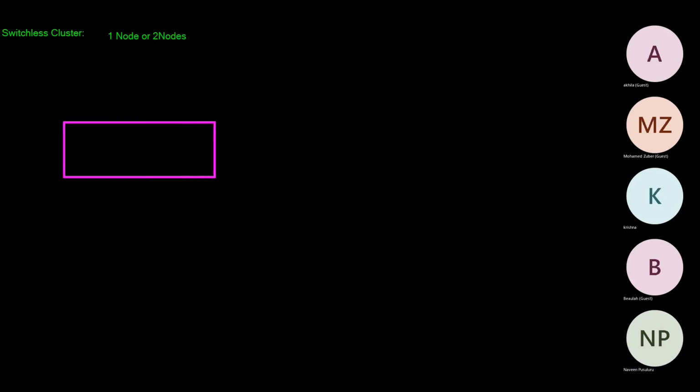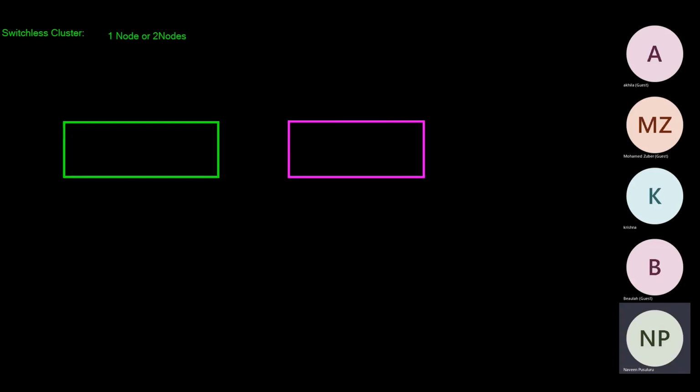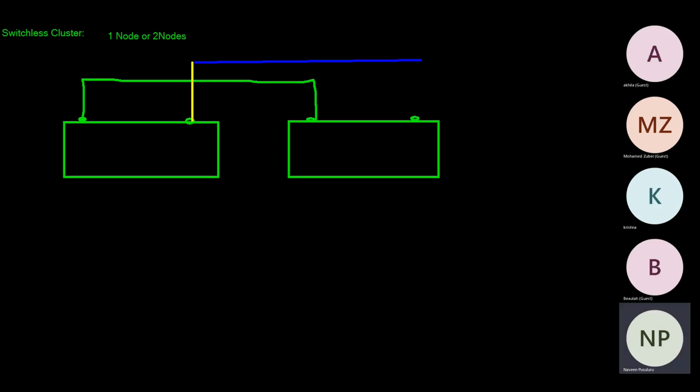What you can do? I have two nodes here. Either it might be two 10 GB ports, or 2 40 GB or 100 GB ports. No 4-port configurations. If it is a switchless cluster, it is two connections only, either 10 GB or 40 GB or 100 GB. We are going to connect the first port on node 1 to the first port on node 2, and the second port on node 1 to the second port on node 2.